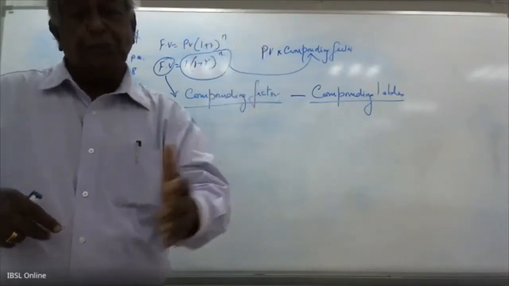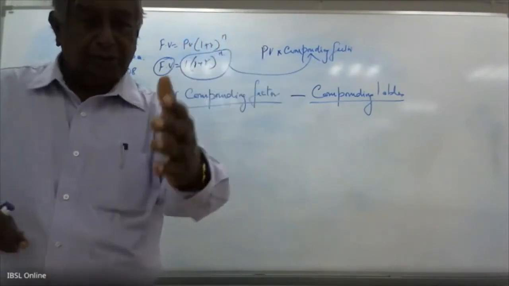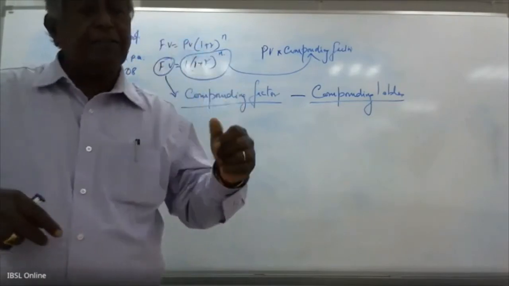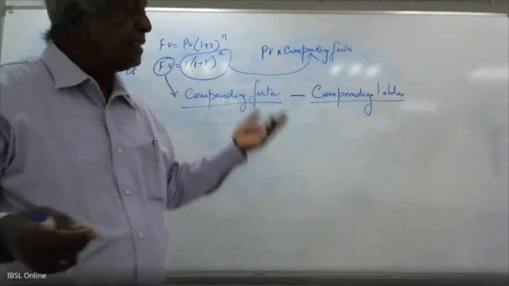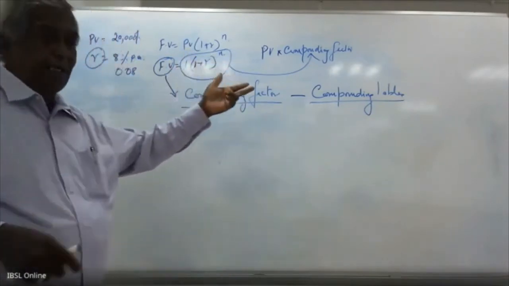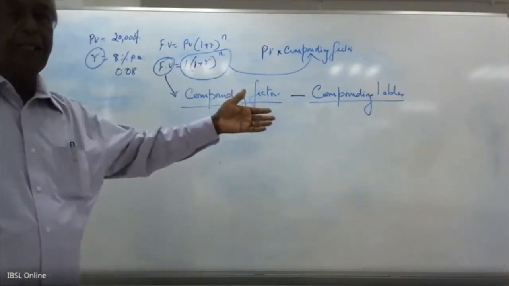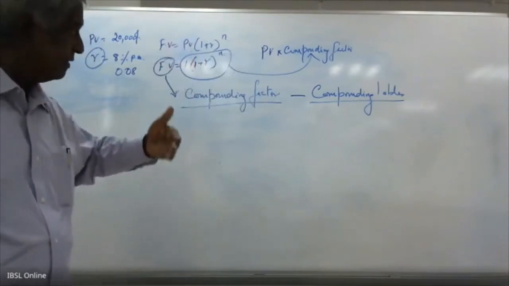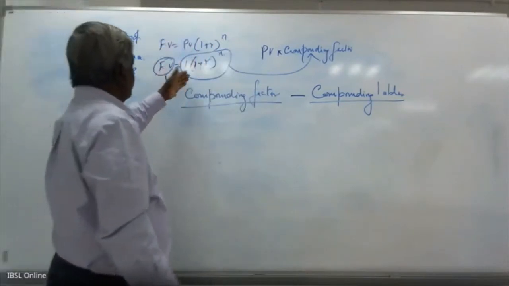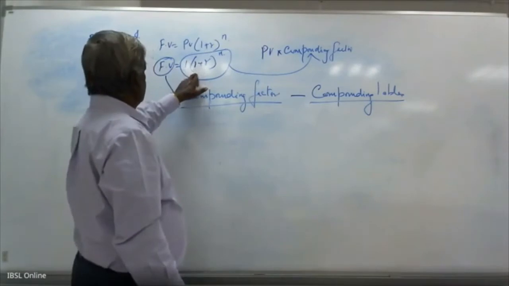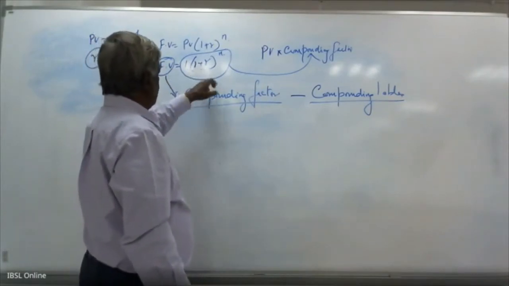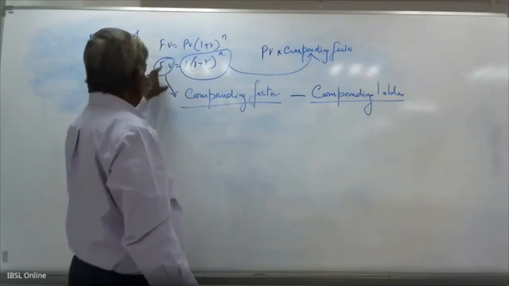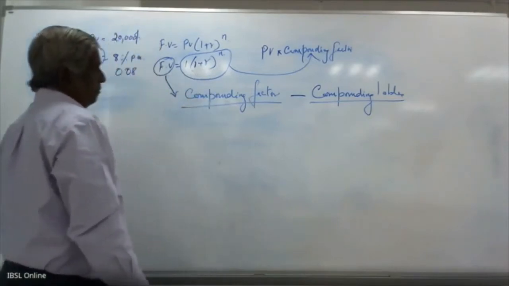But later we were using calculators. Now you are using PCs, and even with the system you can calculate. So from the compounding table, you take the compounding factor, which is 1 into 1 plus r to the power n.